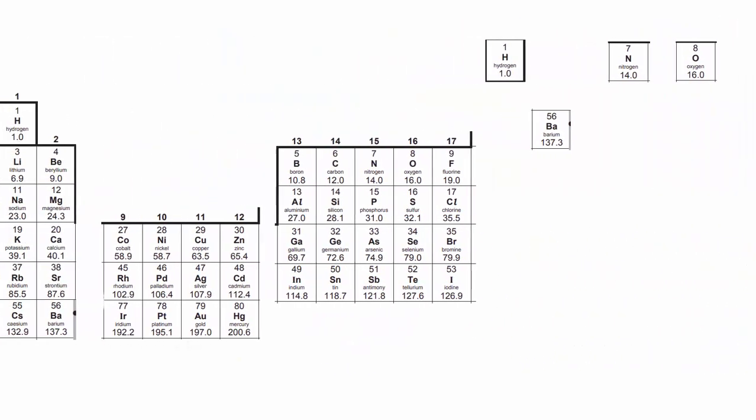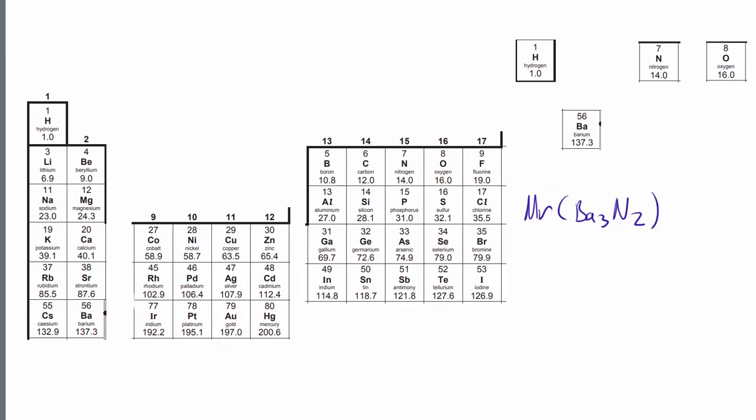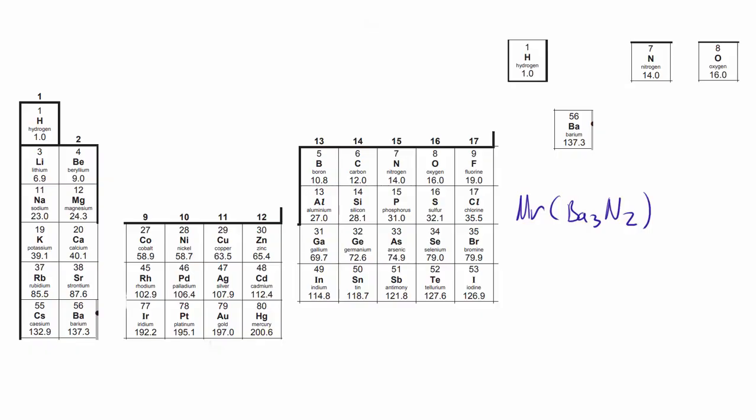So, this is for trying to work out the molar mass of Ba₃N₂, right? If we take a look at barium, what we find is the relative atomic mass is 137.3, right? So barium over here.